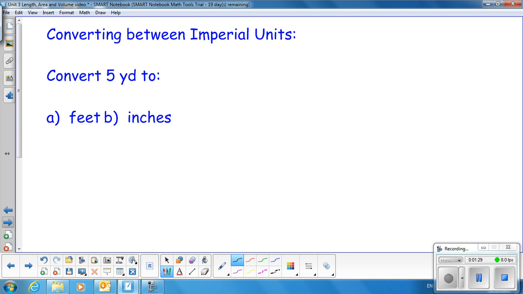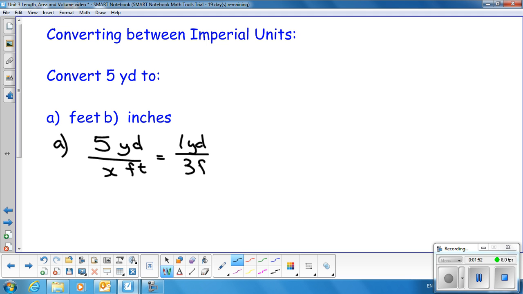We want to change 5 yards, first of all, to feet. So we're going to set it up as a proportion. If we have 5 yards and we want to know how many feet that is, you go to your conversion table, and on there you should be able to find that 1 yard is equal to 3 feet.